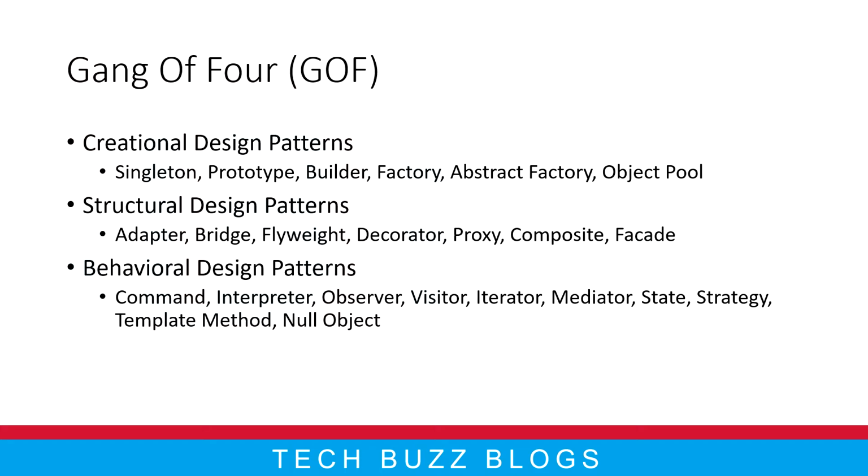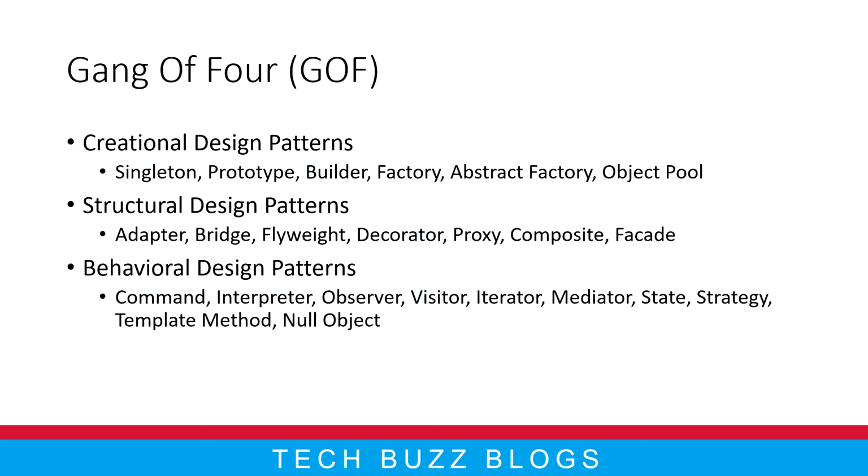The core design patterns are split into three different parts: creational design patterns, structural design patterns, and behavioral design patterns. The creational design patterns contain many patterns internally: singleton, prototype, builder, factory, abstract factory, and object pool all come under creational design patterns. Why are they split like this?